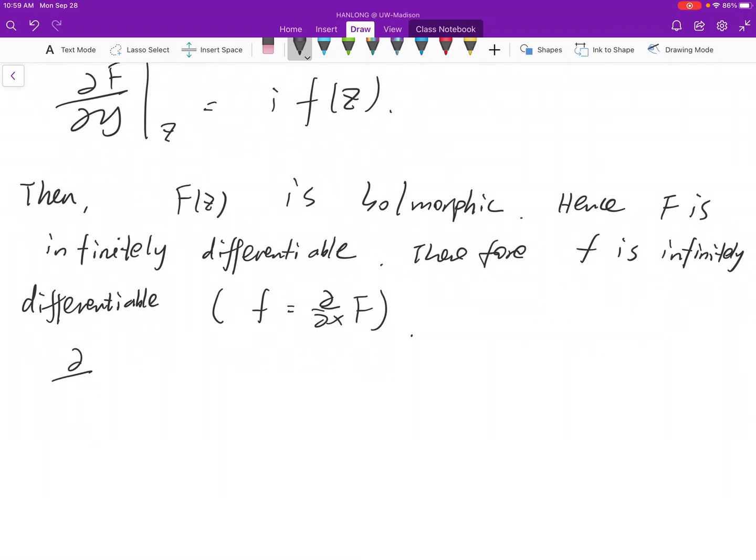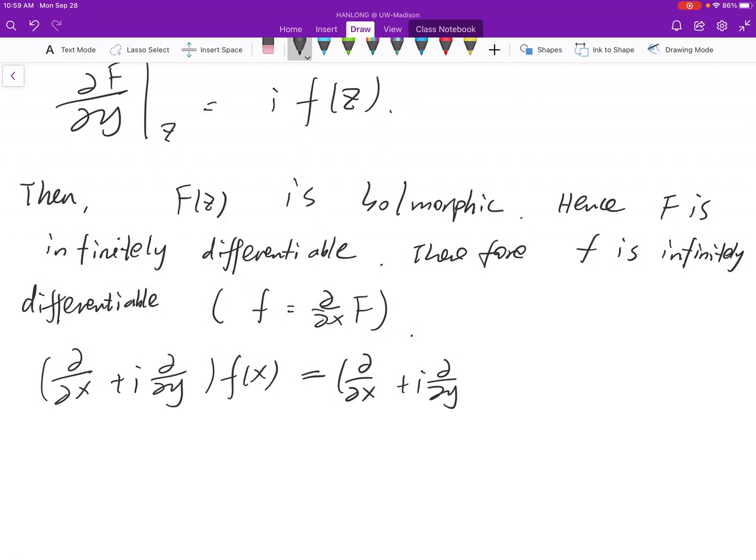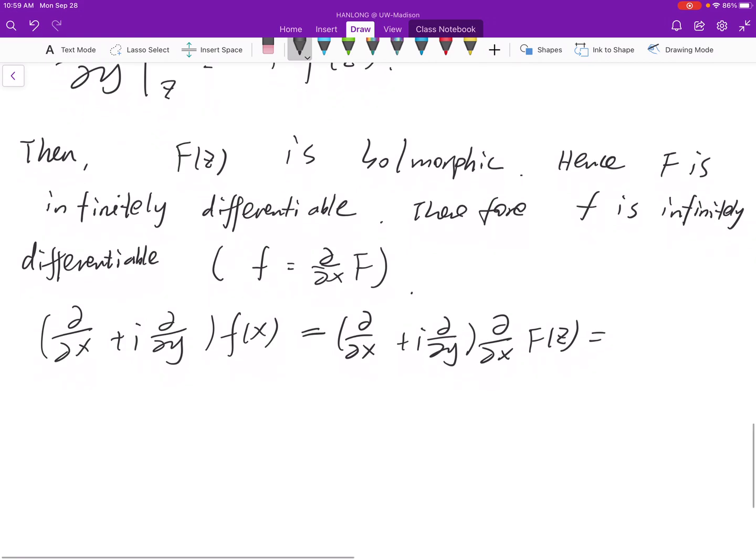Now we can use the first definition of holomorphic function to test the holomorphicity, because F is smooth enough to apply the Cauchy-Riemann operator. And since the second derivative is smooth, you can change the order.